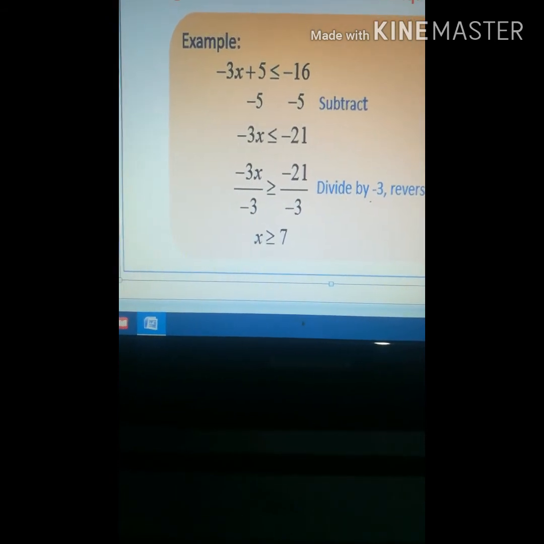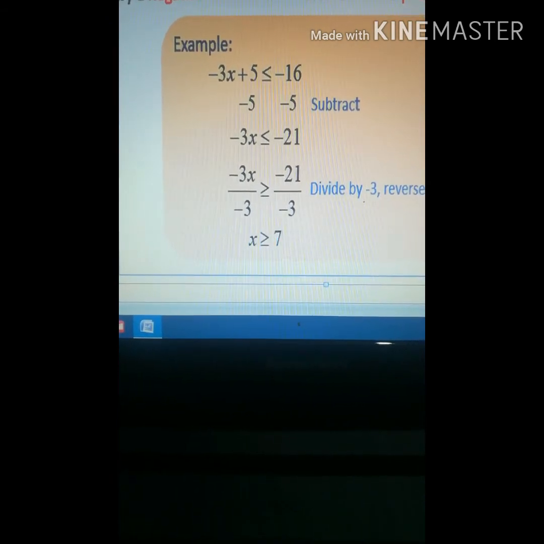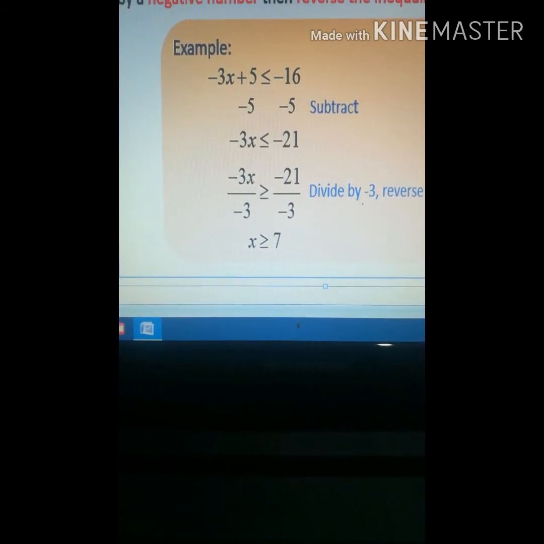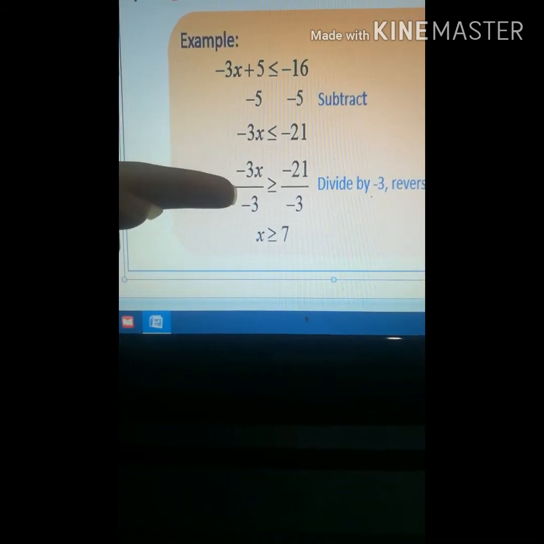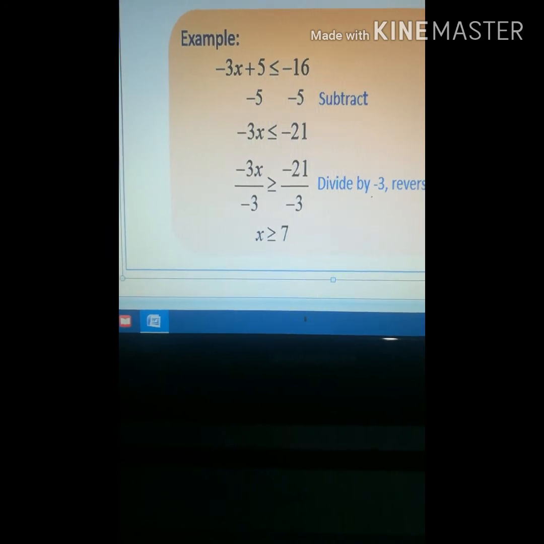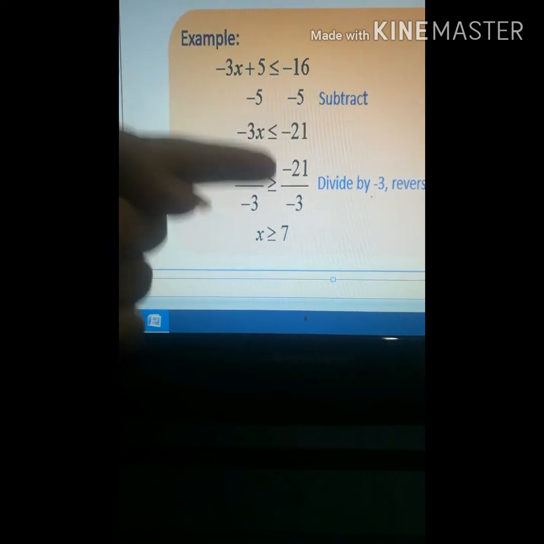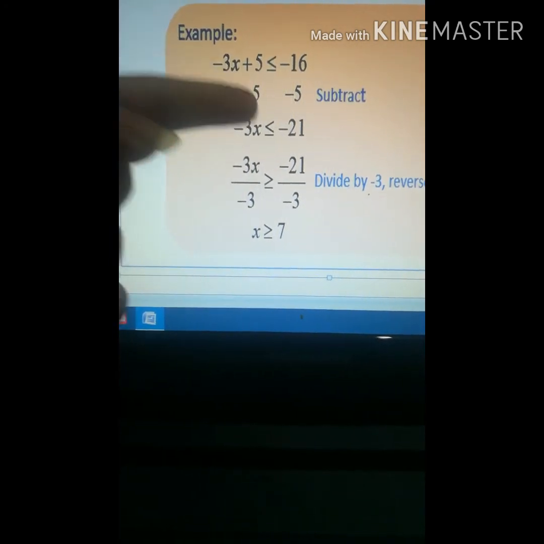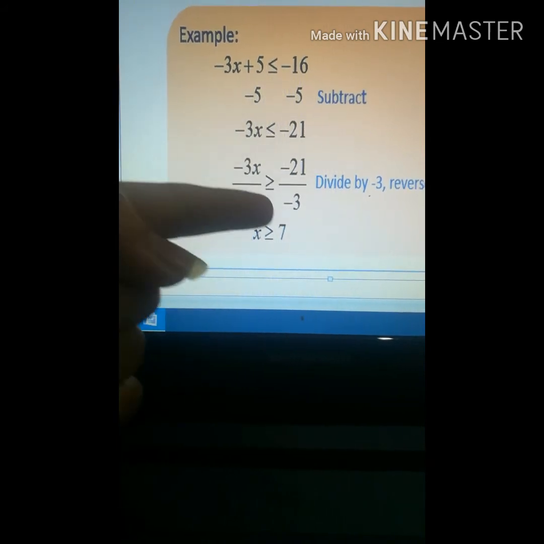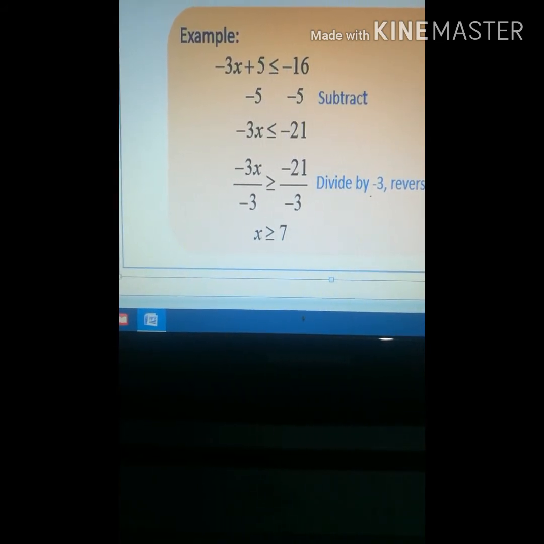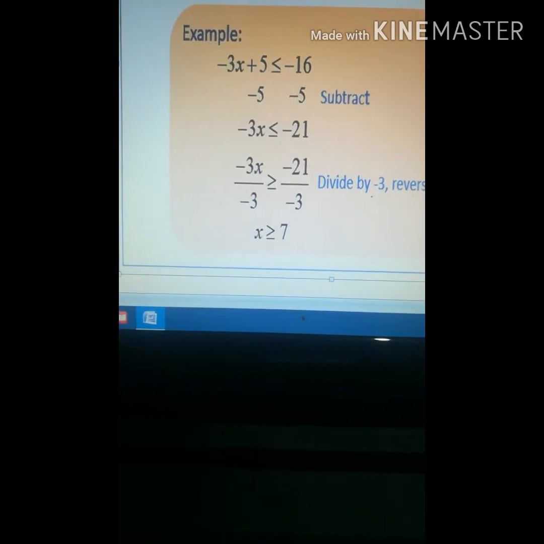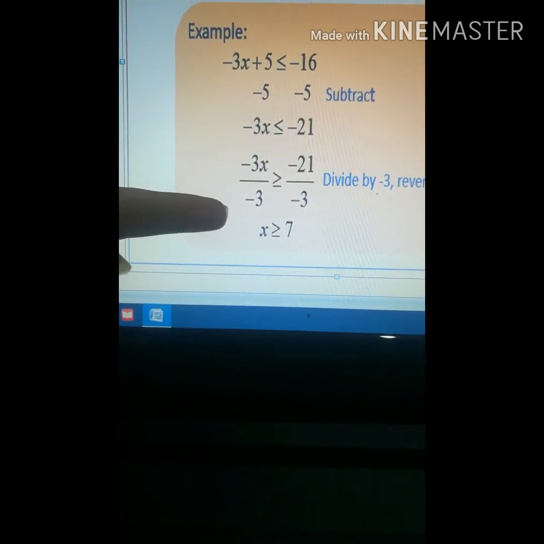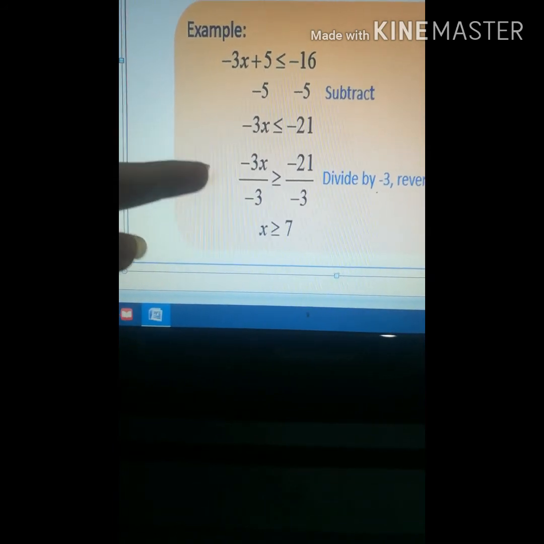Get back to our remark, which is so important. If you divide by a negative number, you will reverse the sign. Here it is less than or equal; convert it into more than or equal. Minus 3 over minus 3 is 1, and 1 multiplied by x.